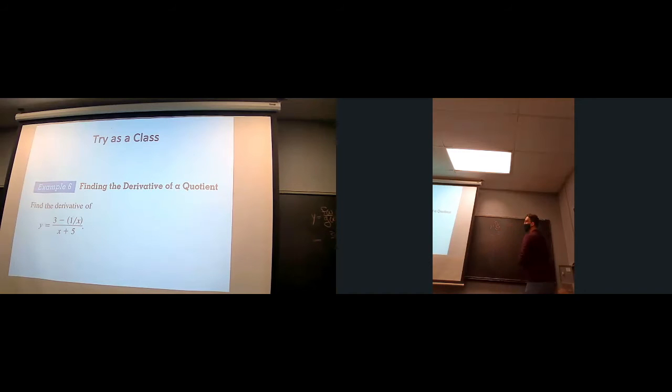So, first thing, like I said, we're going to want to rewrite this. We've got 3 minus 1 over x in our numerator and x plus 5 in our denominator. The way I would rewrite this is in terms of powers, just because it helps us see what's going on later down the road.